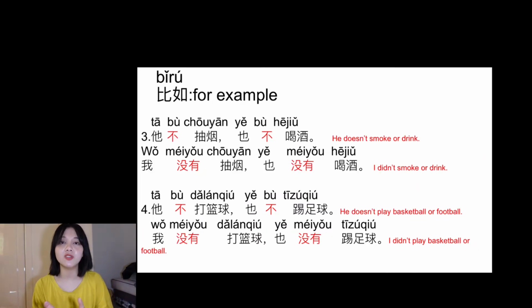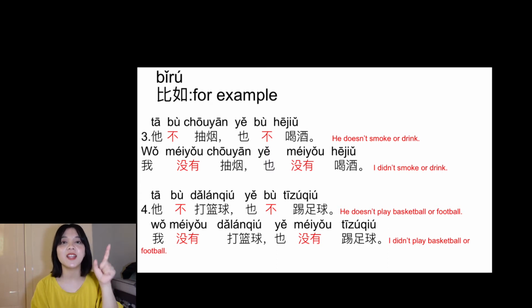Also, occasion 2 of 不 then add a verb. It means we use that to deny that something happens frequently or on a habitual basis. For example, 他不抽烟也不喝酒。See, in here, 抽烟 is smoke and 喝酒 is drink alcohol. It can be something that happens frequently for a person.